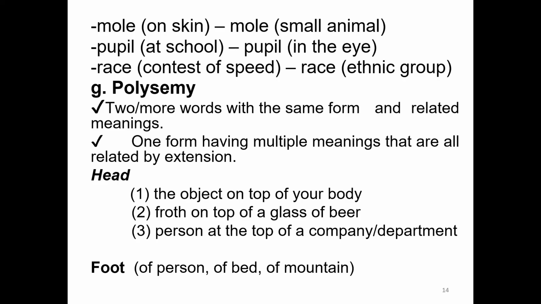The word pupil refers to small children at school. And another meaning of pupil is in the eye. Okay, in the eye. You see that? Mole on skin, mole, one more, small animal. So the meaning is not related, and this is considered as homonyms.